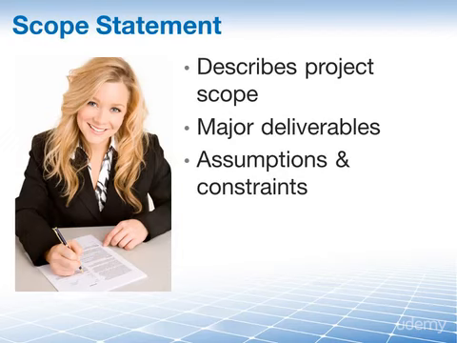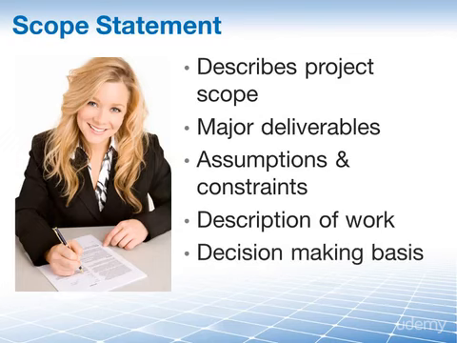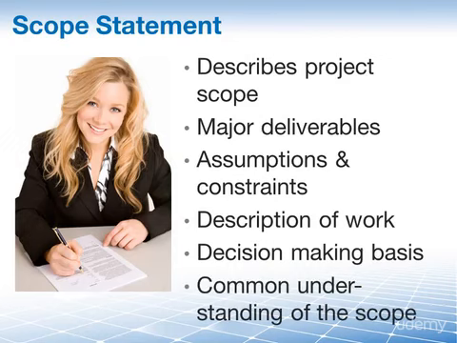It will also include a high-level description of the work. Overall, it provides a documented basis for making future project decisions, also for confirming or developing a common understanding of the project scope among the stakeholders, so that everybody knows this is the scope that we are aiming at on our project.